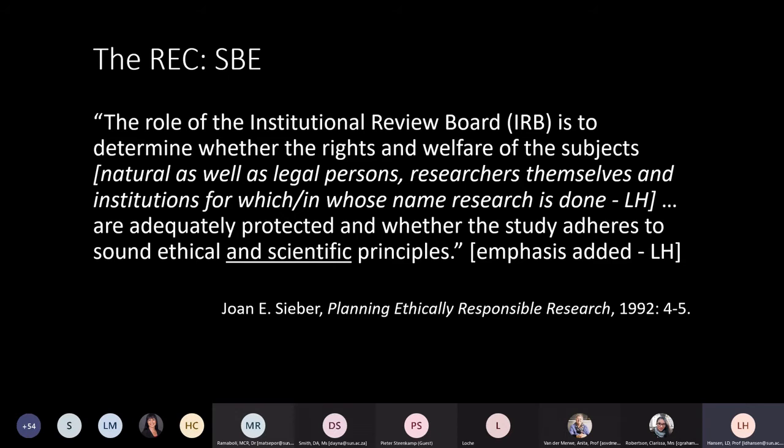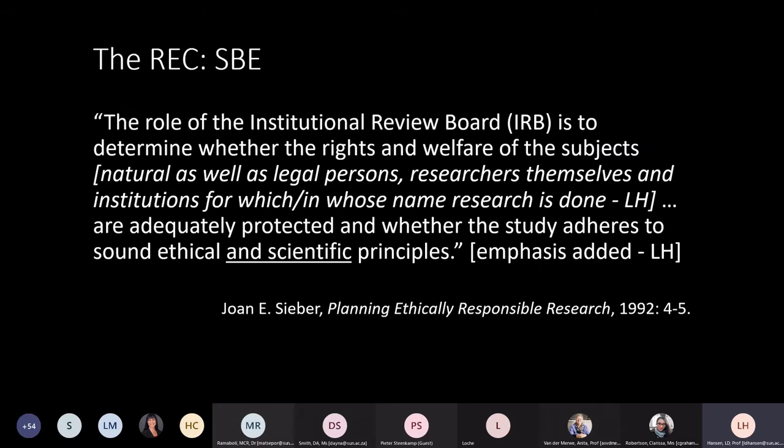We're looking at study of human participants in this session, but also remember that RECs also have a duty to look at the possible risks for legal persons, for institutions, for the university, of what the implications of unethical research will be for companies or for universities or whomever, for those institutions with whom the researchers are affiliated.